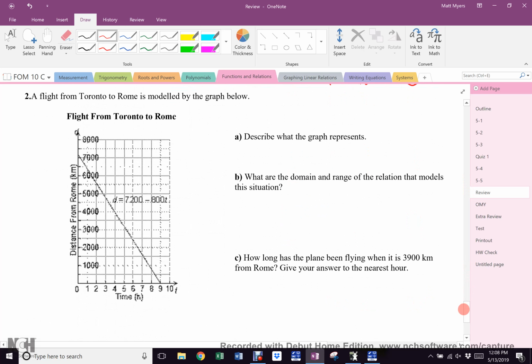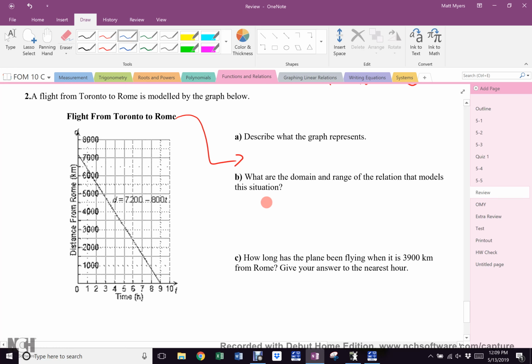What does the graph represent? Hint, it's the title. How long it takes to fly from Toronto to Rome. So, that's how lazy I am. What are the domain and range? Which is domain, time or distance?